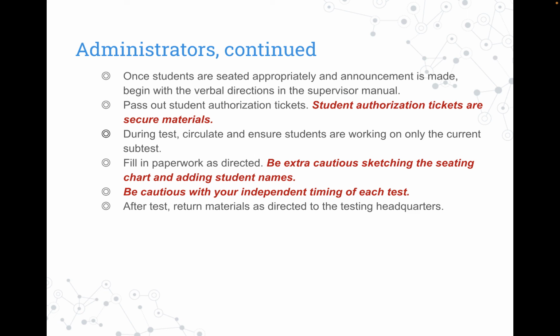If they need additional paper, they need to write their name on that paper and the date, and you need to collect the scratch paper and keep it with each individual ticket. We have to return tickets and scratch paper by student and not a set of tickets and a set of scratch paper. All scratch paper for a student needs to be with that student's ticket. So make sure that you collect those in one stack.